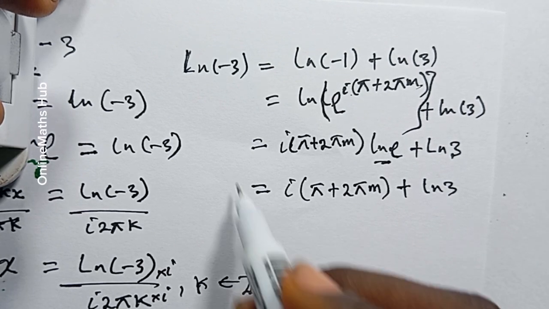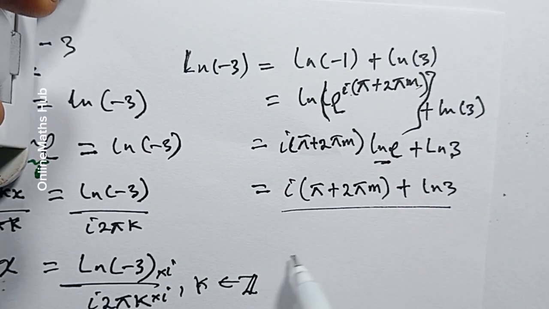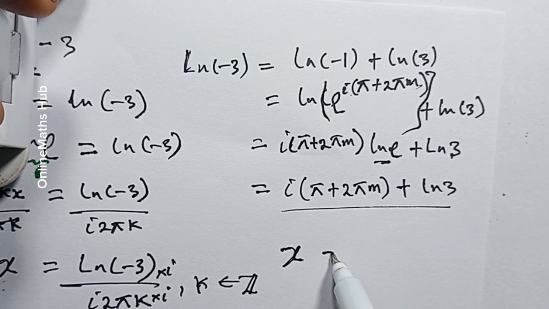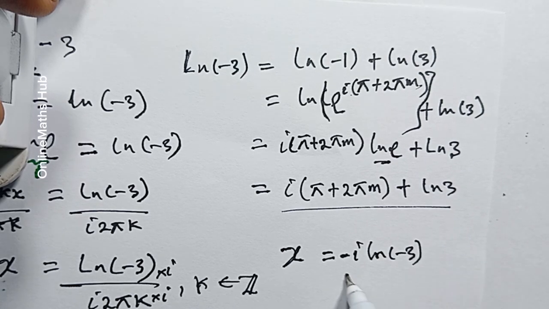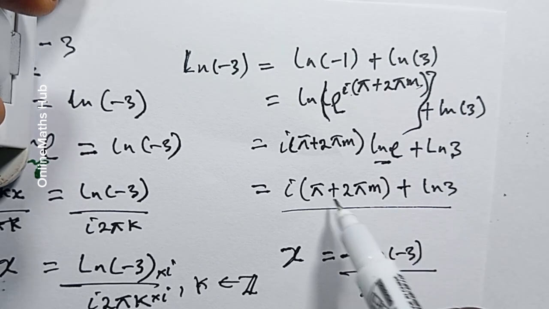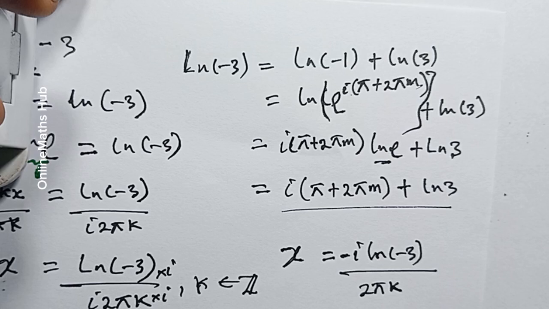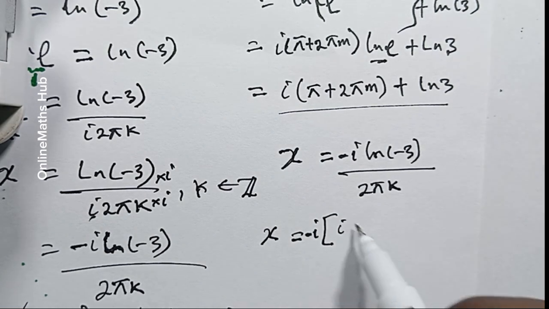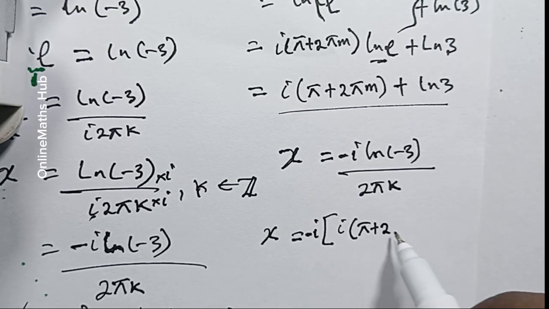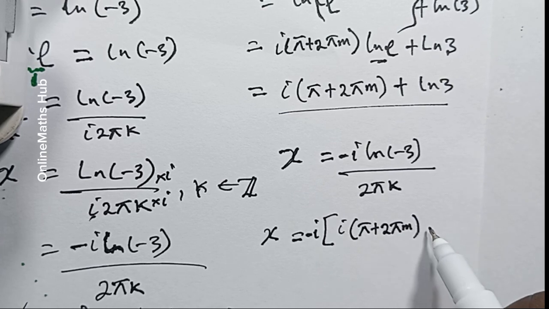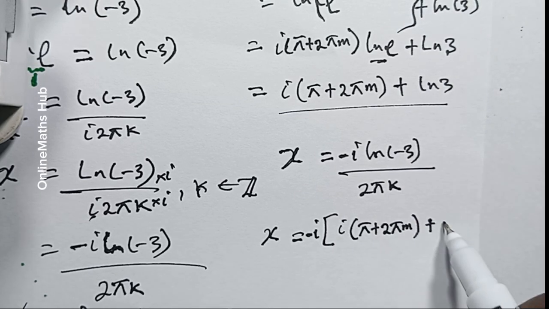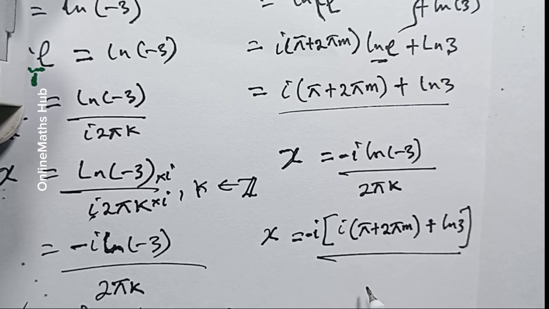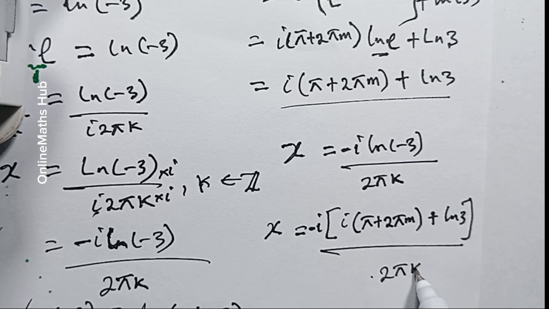At this point we can go ahead and replace this in the value of x which we got, and we got x to be equal to minus i natural log of negative 3 divided by 2 pi k. If we substitute this value of natural log of negative 3, our x will now be equal to negative i into i, bracket pi plus 2 pi m, and then plus natural log of 3, all divided by 2 pi k.